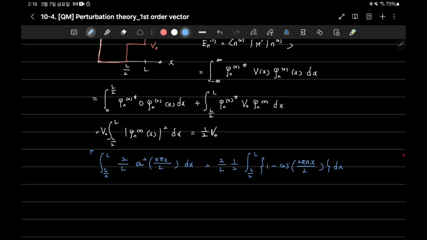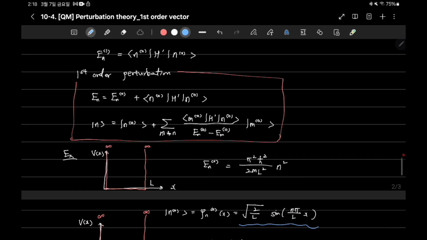Then this term is 0, so it is 1 over L multiply L half, so it is 1 half. So we should remember that the Hamiltonian first order perturbation energy and energy eigenstate should be memorized.